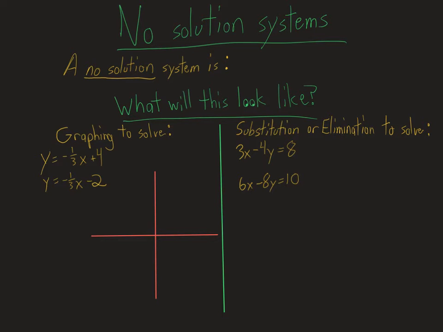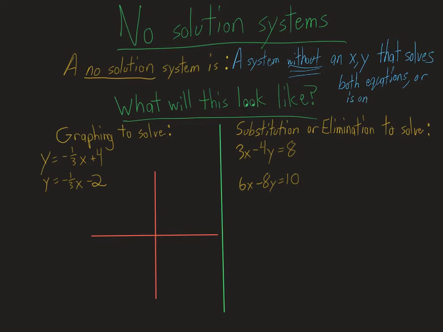And what that means is just what we said. A no solution system is a system without an XY that solves both equations, or is on both lines, however you want to look at it.